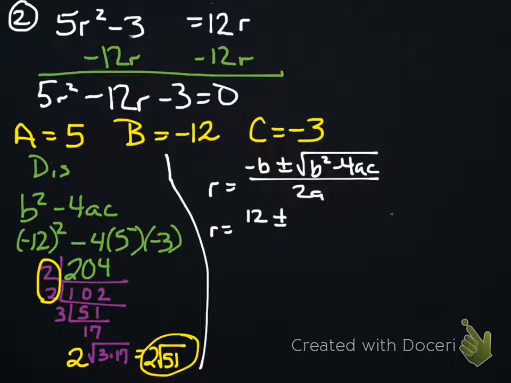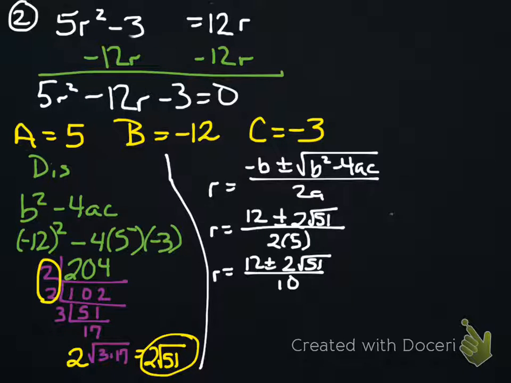We found out that simplified radical ended up being 2 times the square root of 51, divided by 2 times a, which in this case was 5. So we have r equals 12 plus or minus 2 times the square root of 51 divided by 10.